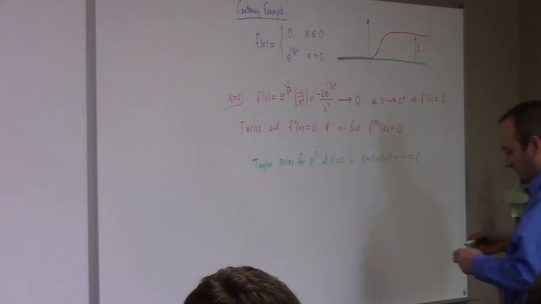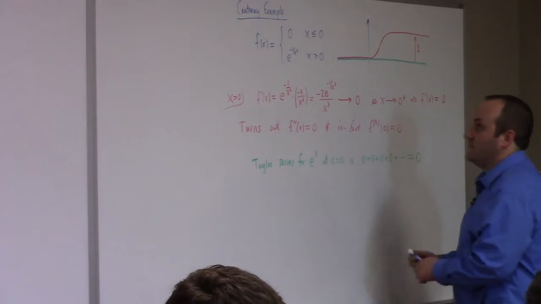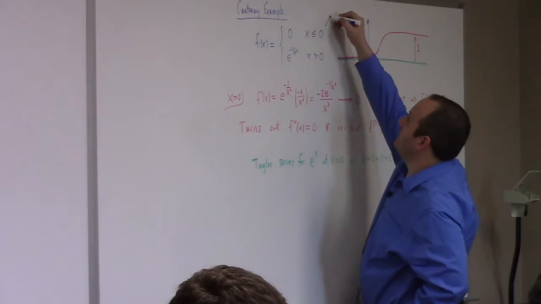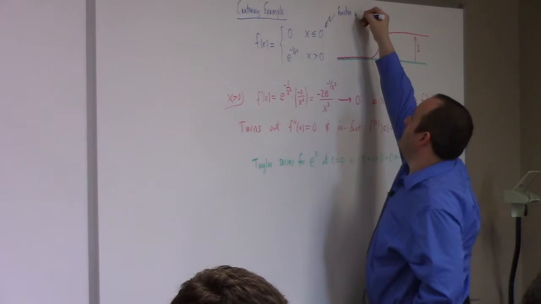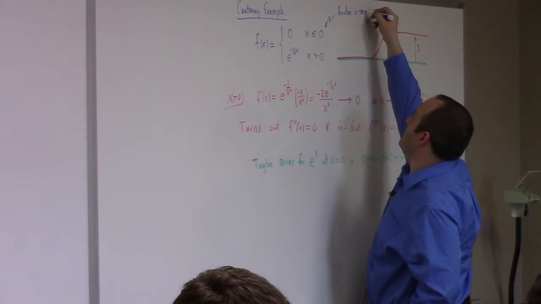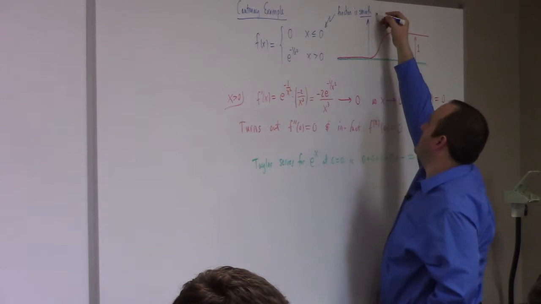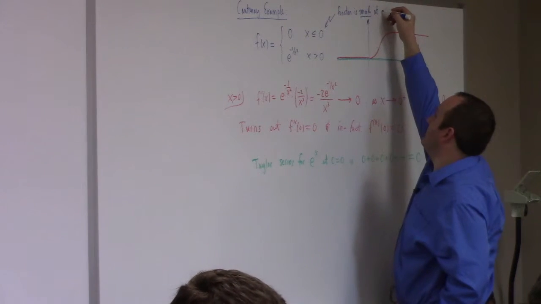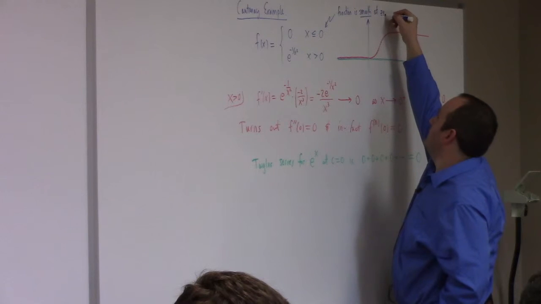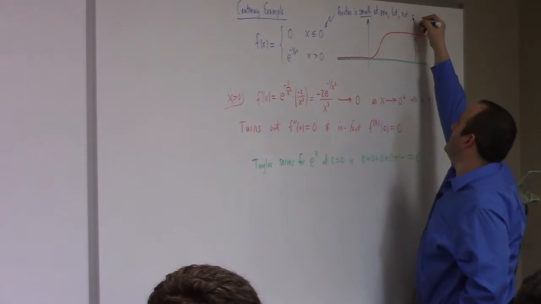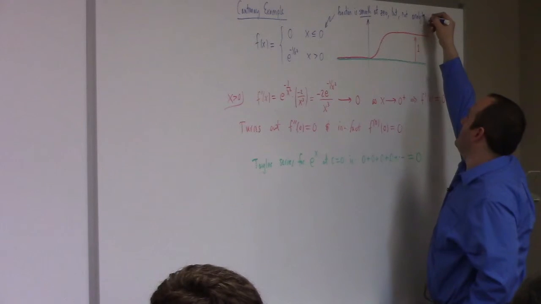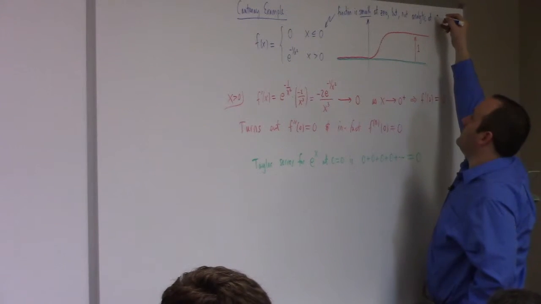That's because this is, in fact, the quintessential example of a function that is what's known as smooth at 0, but not analytic at 0.